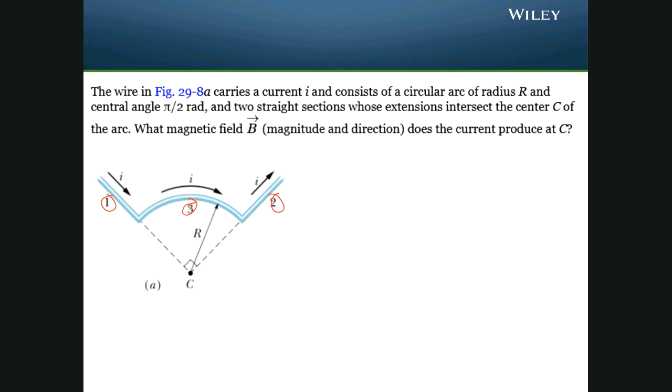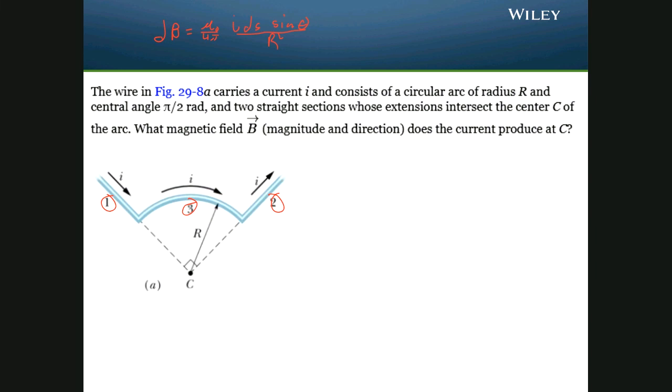The first thing we want to do is write down our Biot-Savart law: mu naught over 4 pi times I ds cross r hat over r squared.